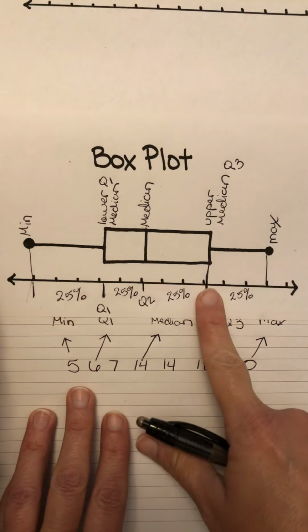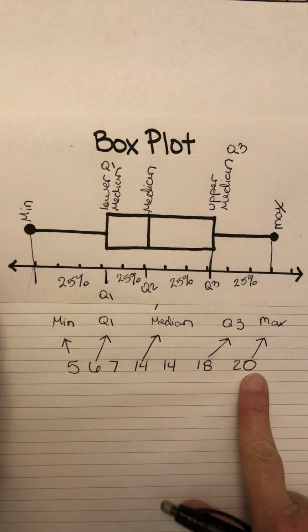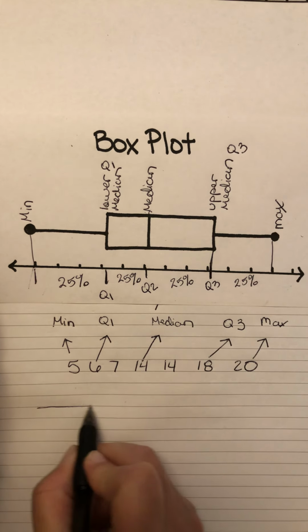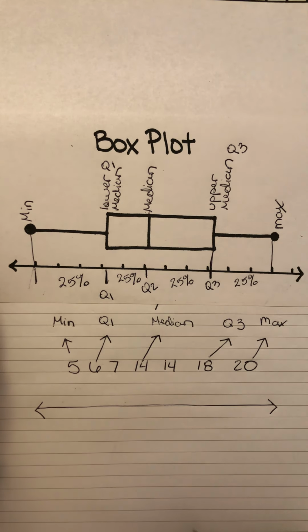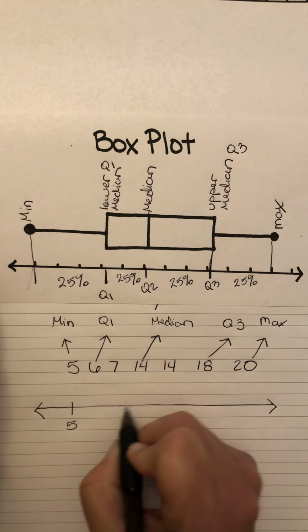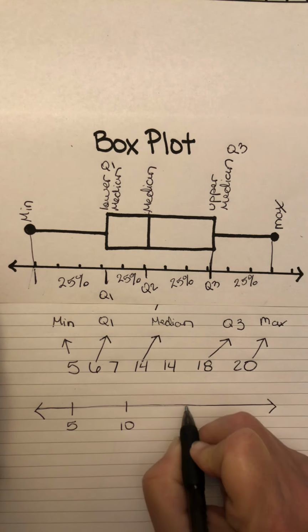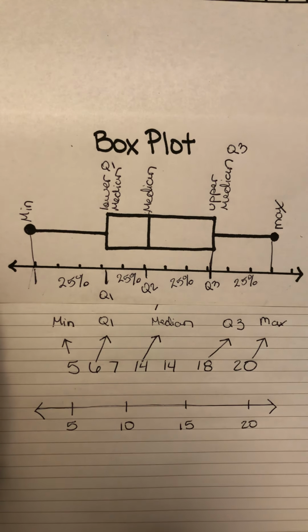So if I wanted to graph this data, you have a number line, and I'm going to do it in intervals of 5. So I have 5, 10, 15, and 20.